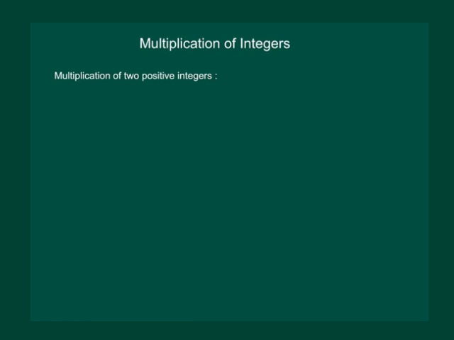Let us learn how to multiply two integers. It is very simple to multiply two positive integers. For instance, 3 into 5 gives us 15.